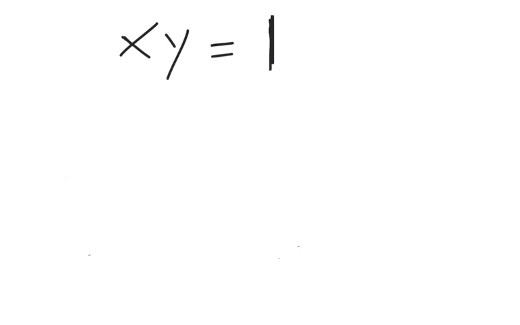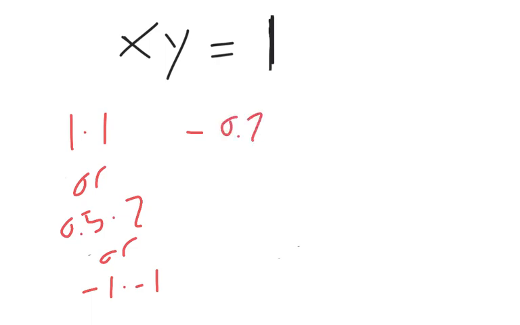What if I told you I multiplied X and Y together and I get an answer of 1? Do you know what X and Y are? It could be 1 times 1. Or 0.5 times 2. Or -1 times -1. Or -0.5 times -2. Or -1/4 and -4. So do you know what these are, multiplying to be 1?